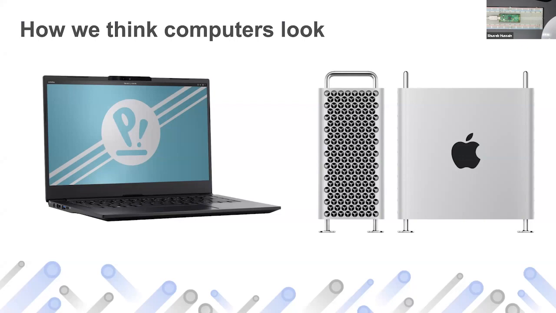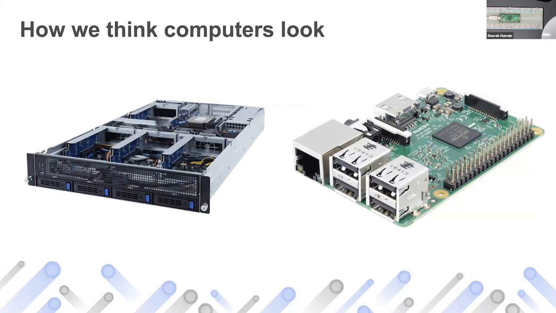You can think about a laptop or a desktop machine, for example. This is a server on the left, and on the right is a Raspberry Pi. This is how we are used to thinking of them. But in general, you don't have to think of computers as being like this.